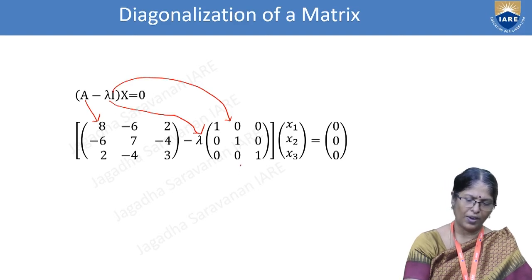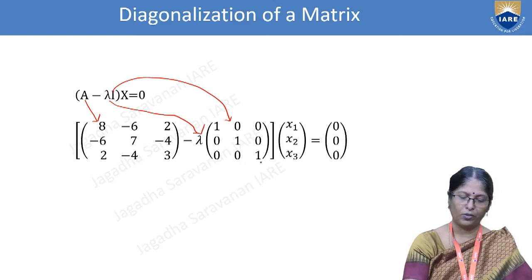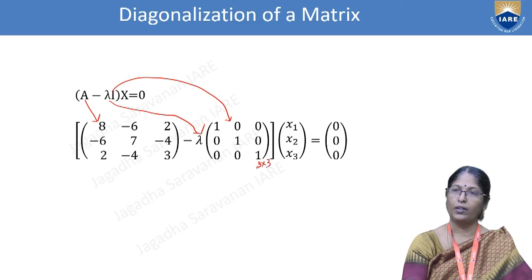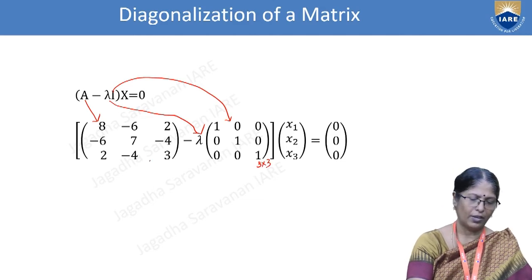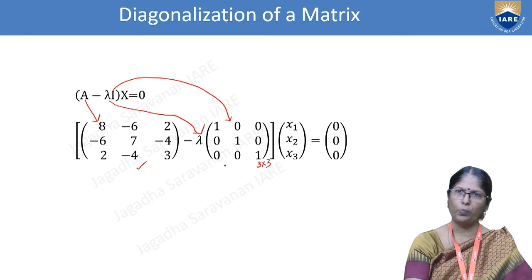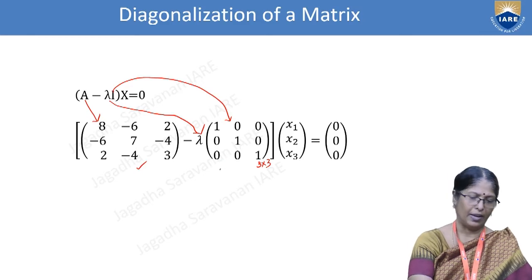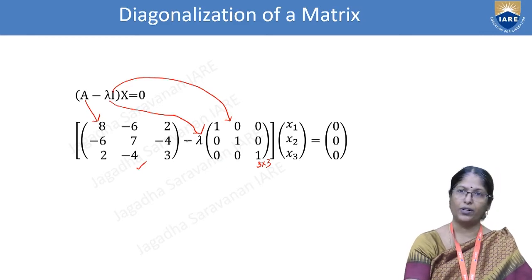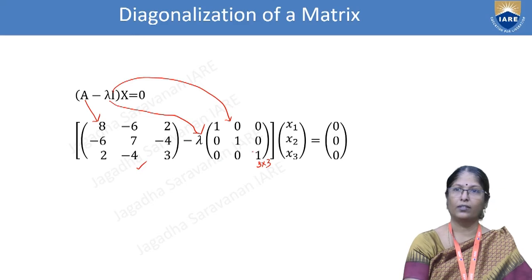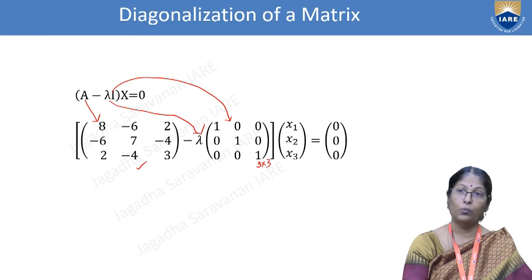A doubt will strike in our mind: the given matrix is fine, we copied it from the question, and the lambda we have written as it is, but why do we have to take this matrix specifically of order 3 by 3? Why not 2 by 2?